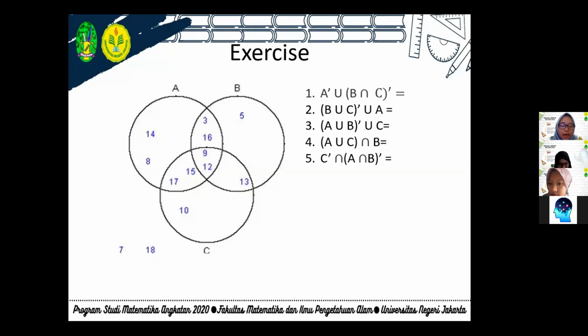And who's going to answer the other numbers? Can I try number 3? Is the answer 10? Number 3 is only 10. It's false.